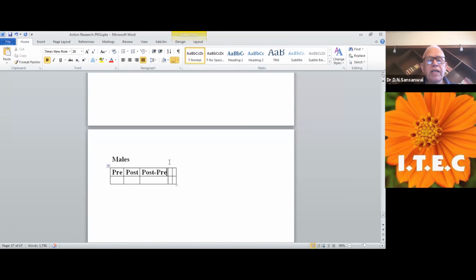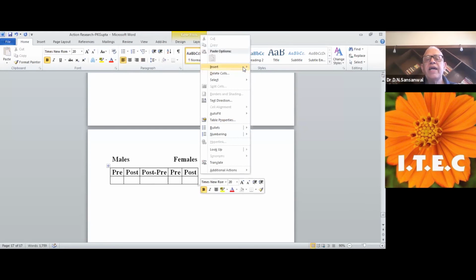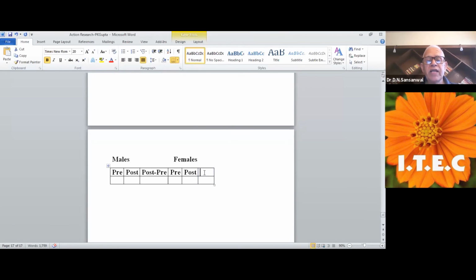Similarly for the females, we can write pre here and post here, and we can add one more column, post minus pre.